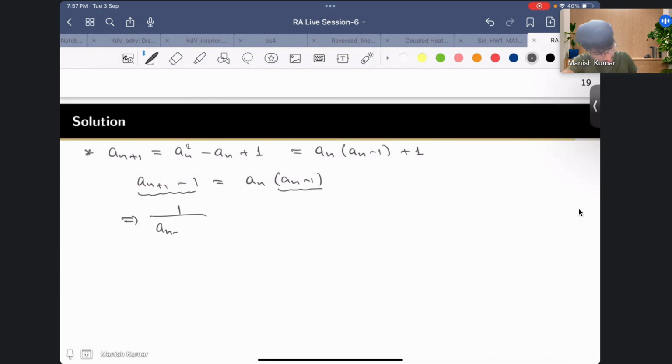Now I'll take the reciprocal, so I'll get 1 by a_{n+1} minus 1 equals 1 by a_n times a_n minus 1. Now again, as I mentioned, how to write it as a sum: you can write it as 1 by a_n minus 1, and when you put a_n equal to 0, you will get minus 1 here, and then this would be plus 1.